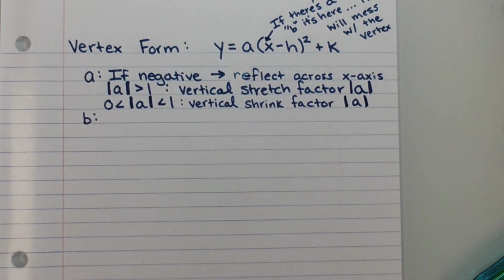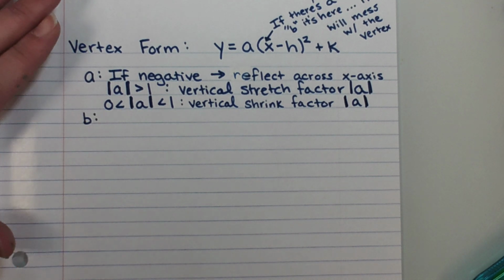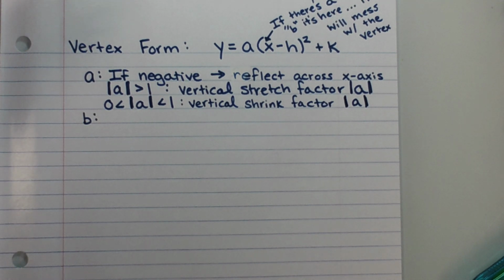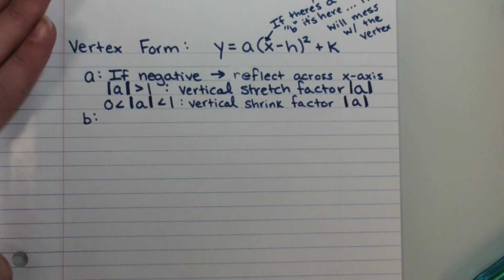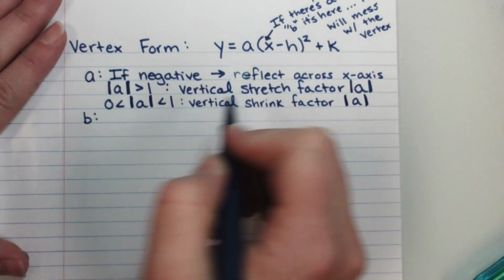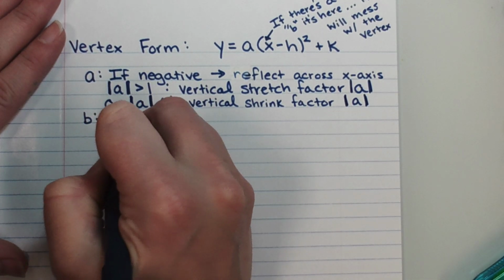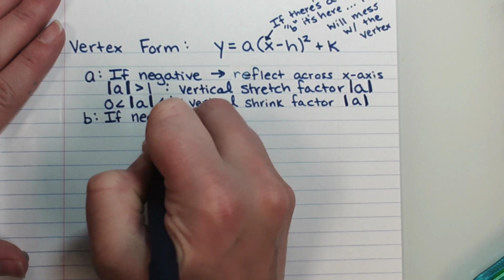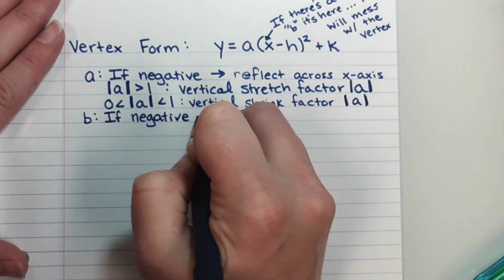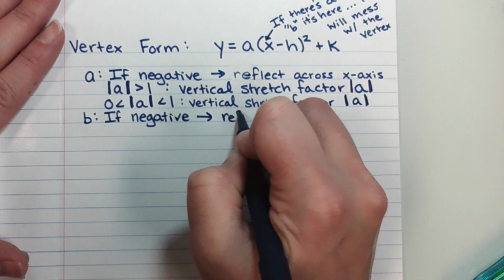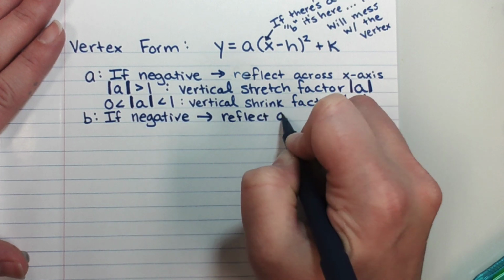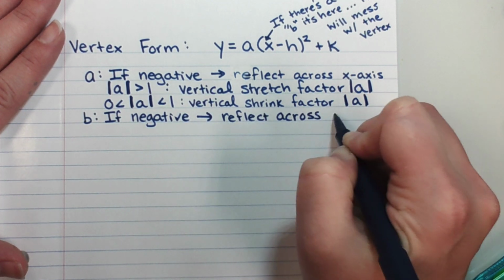B is the one you're not going to see as much, but it will sometimes pop up still. It again controls two things. If negative, it will reflect. This time across the y-axis.